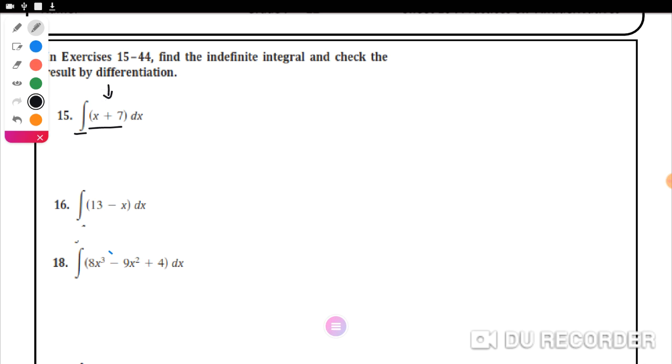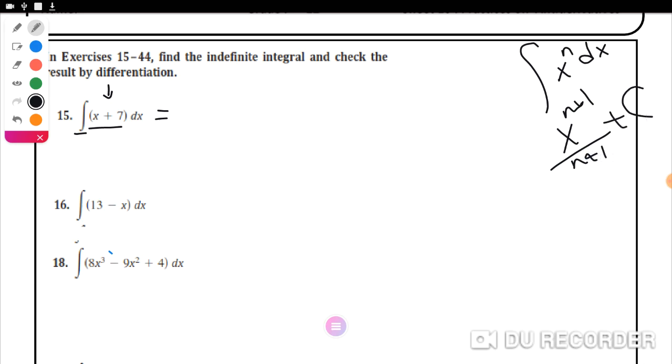I apply the power rule of integration, which states that the integral of x to power n with respect to x is x to power n plus 1 over n plus 1, plus c. Don't forget the constant of integration.